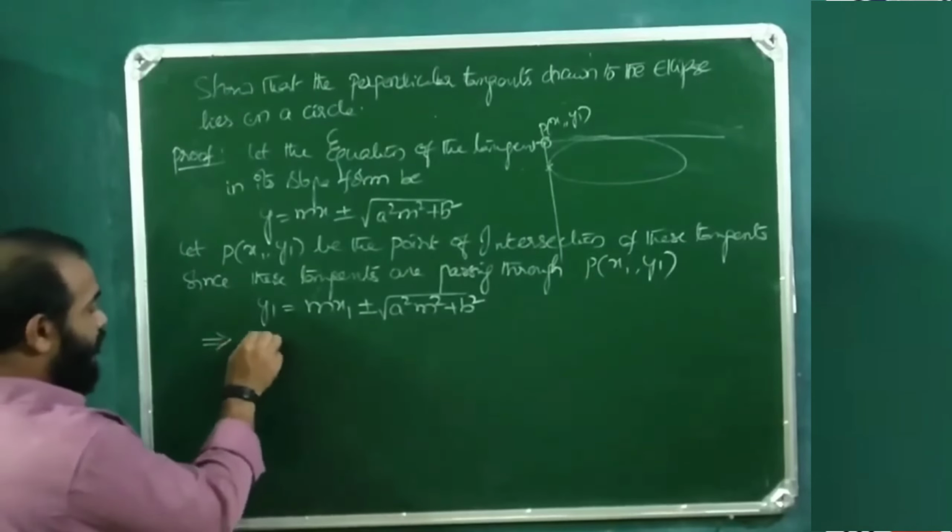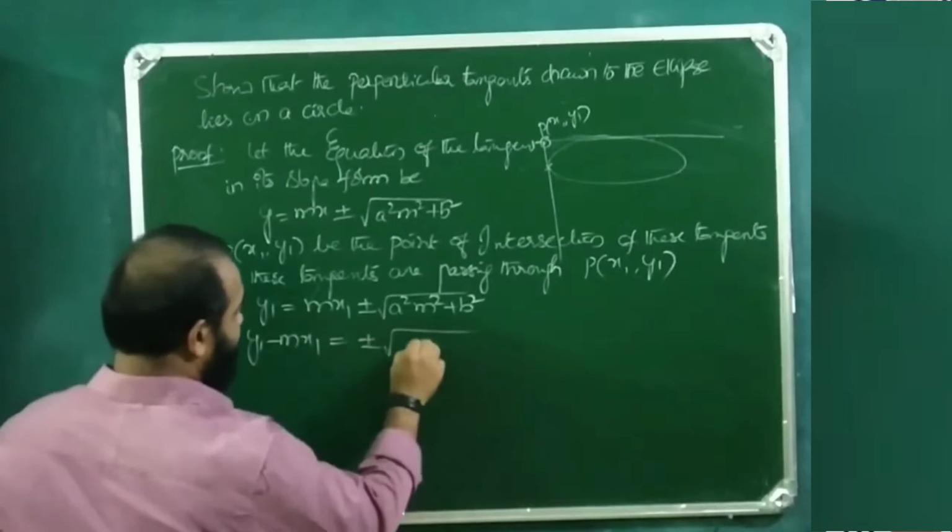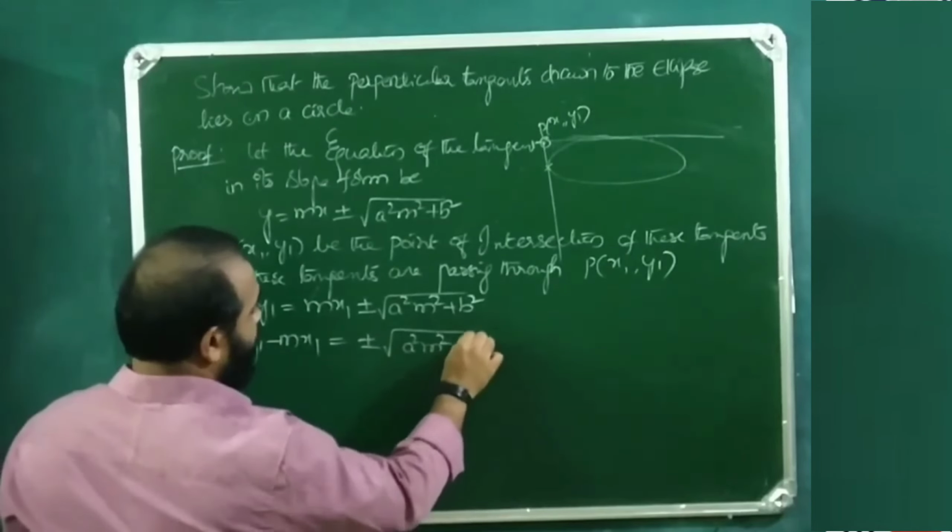This implies y1 minus mx1 is equal to plus or minus square root of a square m square plus b square.